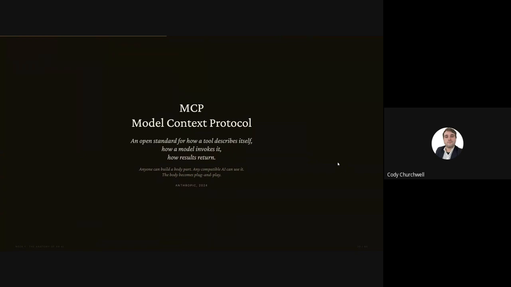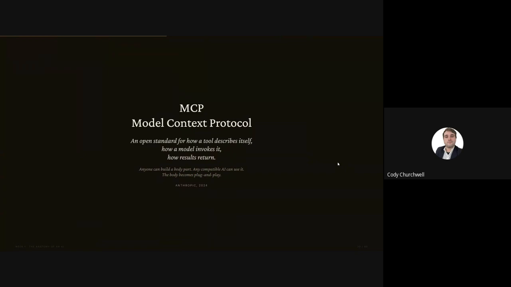Any compatible AI can use it. New hands can be added without retraining the model. And in 2026, there are thousands of these servers. Public ones for GitHub, Slack, Gmail, Notion, Postgres, Photoshop, Blender, Figma, Linear, plus thousands of internal corporate ones as well. The body is being filled out in public very fast.